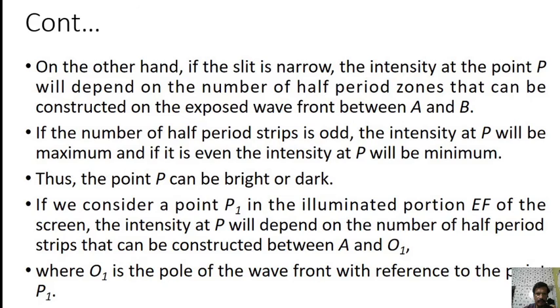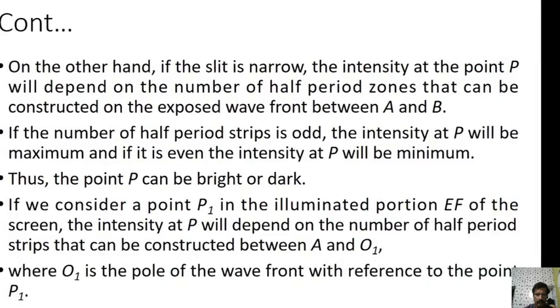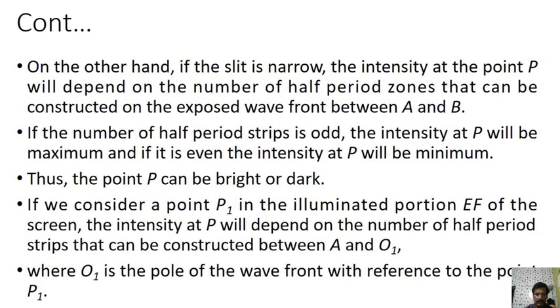If we consider a point P1 in the illuminated portion EF of the screen, the intensity at P1 will depend on the number of half-period strips that can be constructed between A and O1, where O1 is the pole of the wavefront with reference to the point P1.